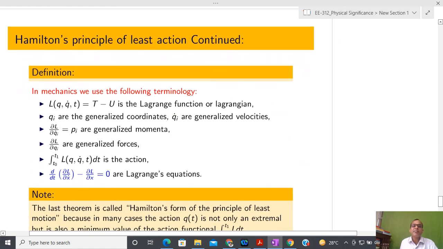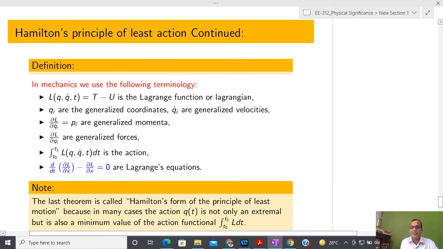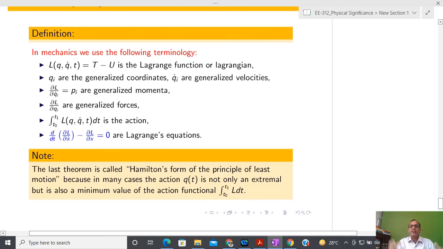Another thing is the Hamiltonian principle of least action. I have told you that whenever some autonomous system is evolving, it tries to minimize the action they have defined, because you can see that this is not the total energy. It is the difference between kinetic energy and potential energy.